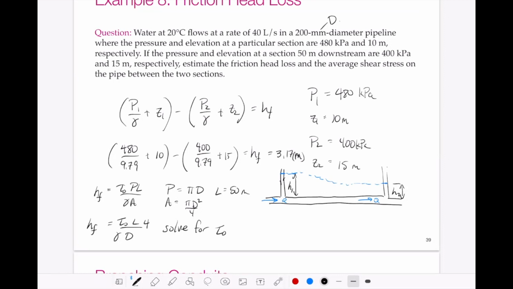We're just solving for our tau 0. And we would get HF, which is 3.17, times gamma, 9.79, times diameter, 0.05, divided by 4 times 50.